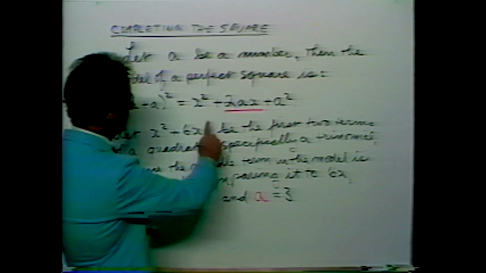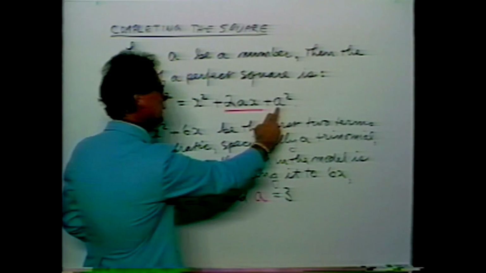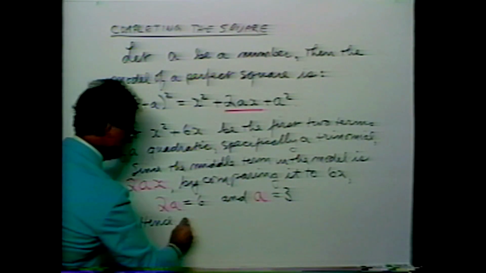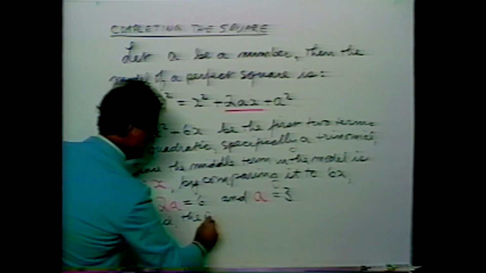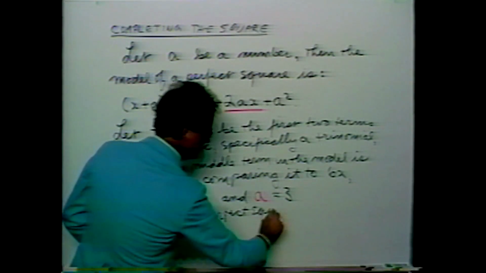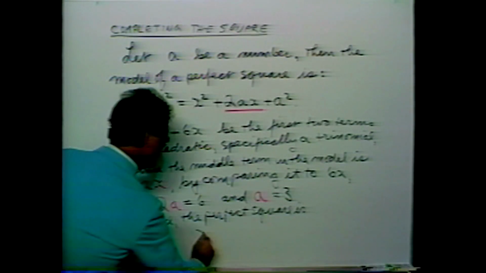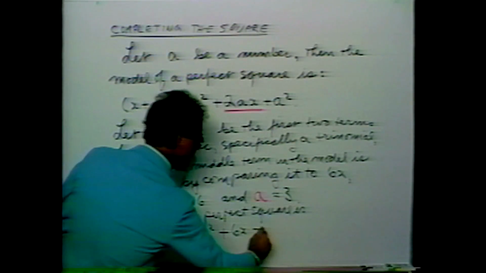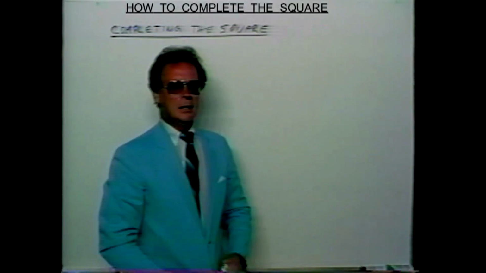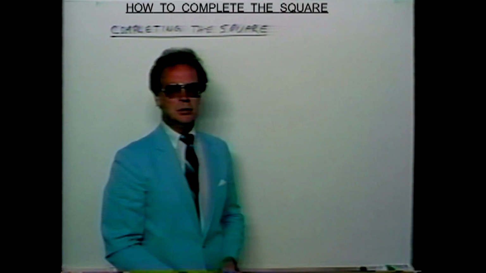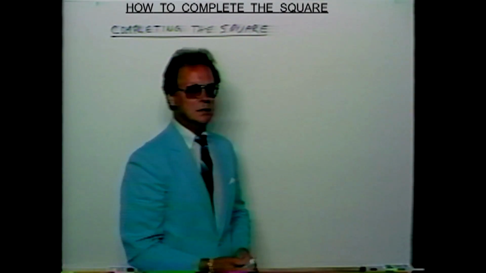Consequently, the perfect square has the number 9: x squared plus 6x plus 9. A quicker way to establish the absolute term or the constant term is to memorize these steps.